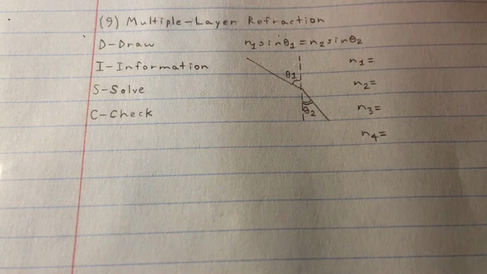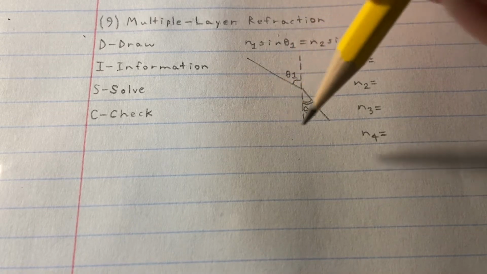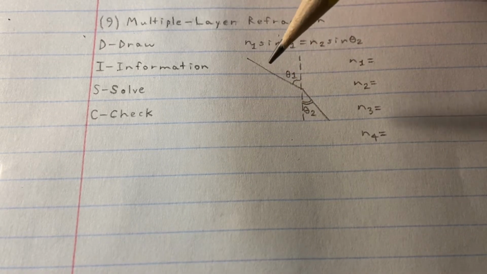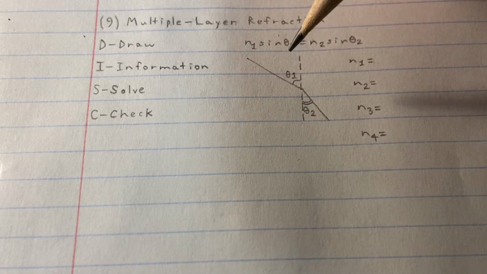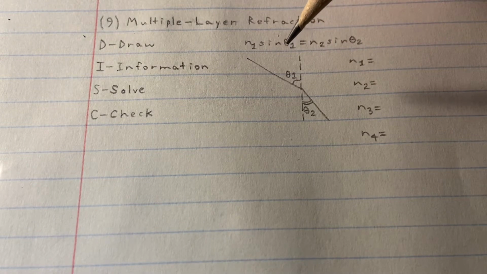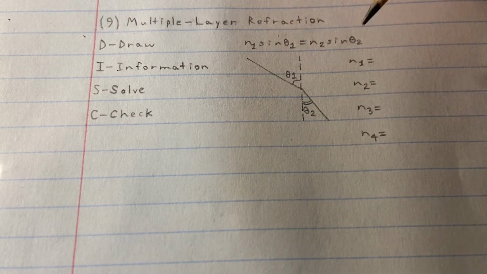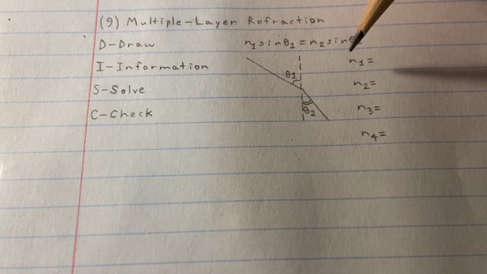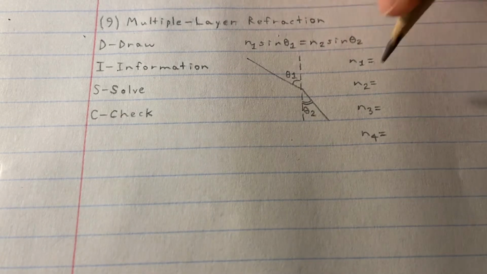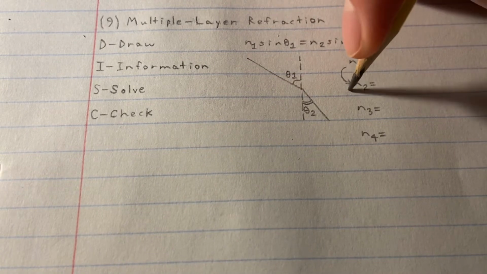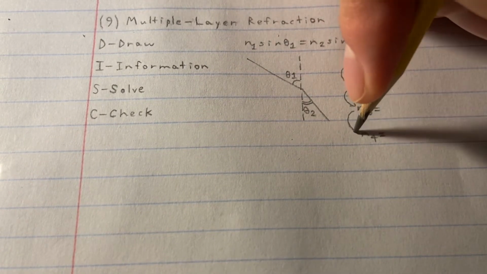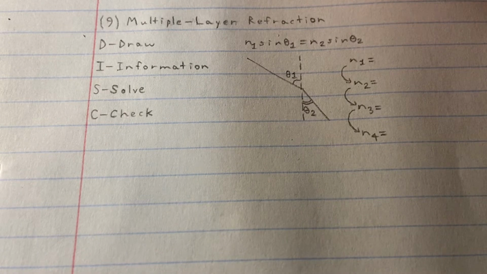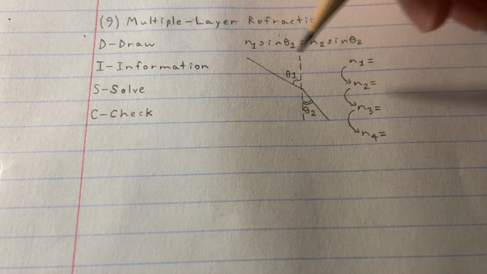So for the purposes of solving this problem, you're going to be applying this general idea 4 times, or more accurately, at least for the first portion, 3 times, because you're going to be jumping between the different layers, with each layer having its own index. So you'll be jumping between n1 and n2, n2 to n3, and then n3 to n4. So 3 jumps. You're going to be using this equation 3 times.